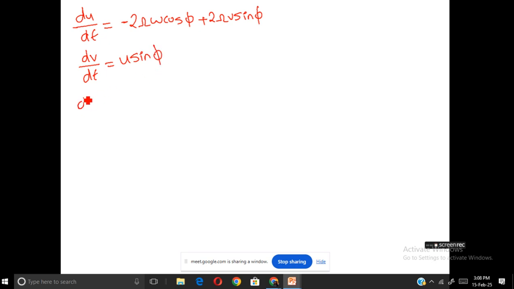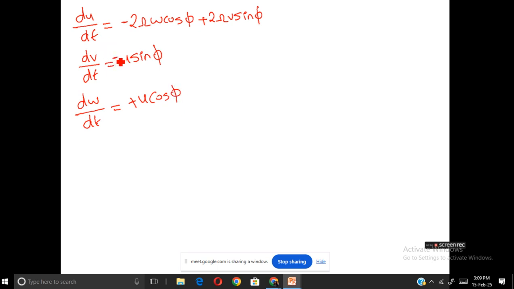If we write it out, du by dt is equal to minus 2 omega cos phi plus 2 omega v sin phi. dv by dt will become minus 2 omega u sin phi, and dw by dt becomes plus 2 omega u cos phi.